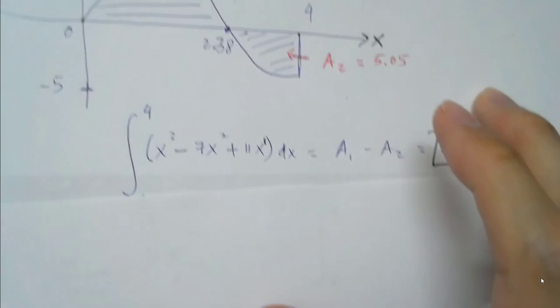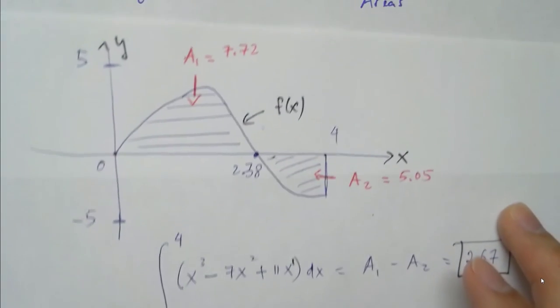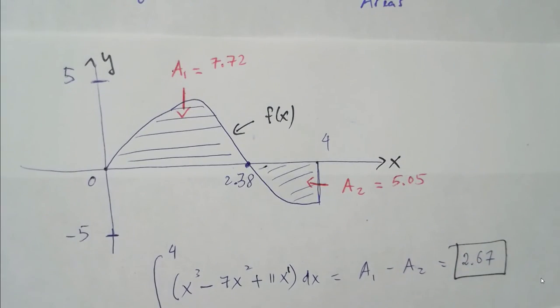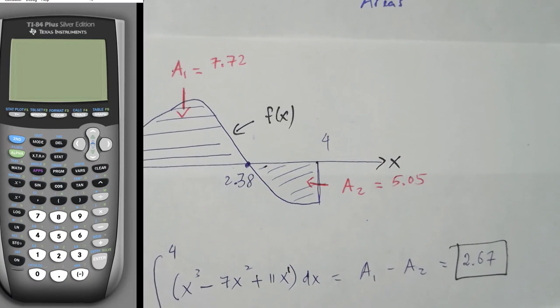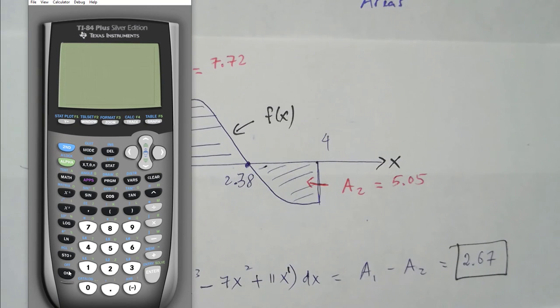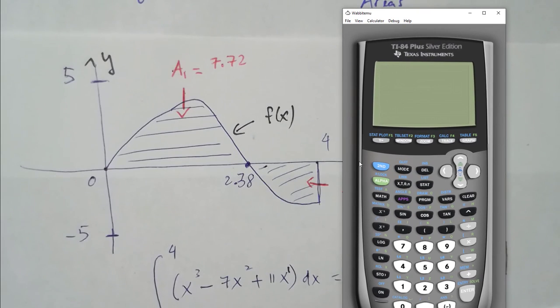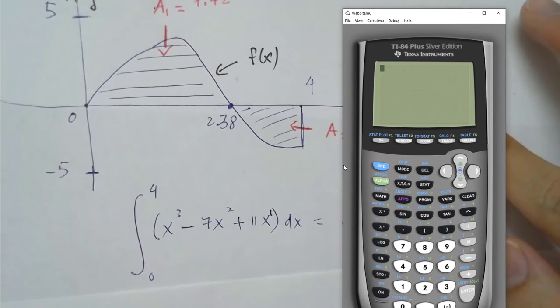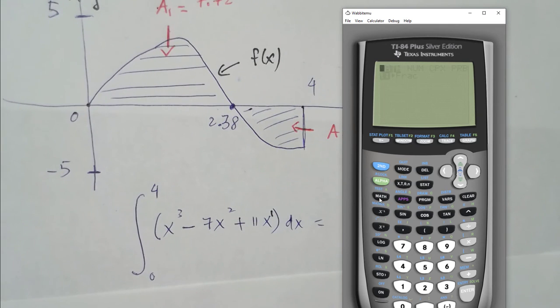Now let's confirm this answer by using the TI-84 graphing calculator. On the TI-84, we can use the function from the math menu to find the integral. Let's go to math and select option number 9, which is the definite integral. Then all you do is plug in the correct values here.